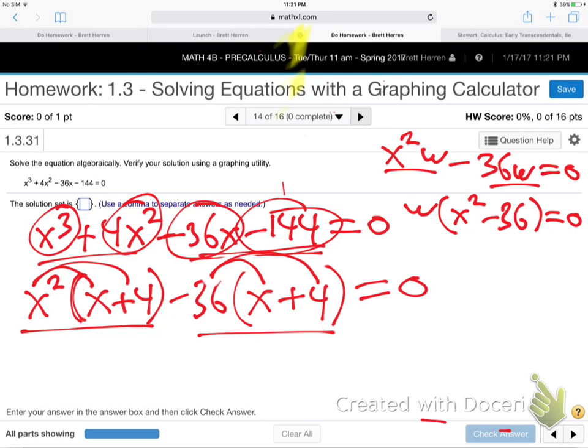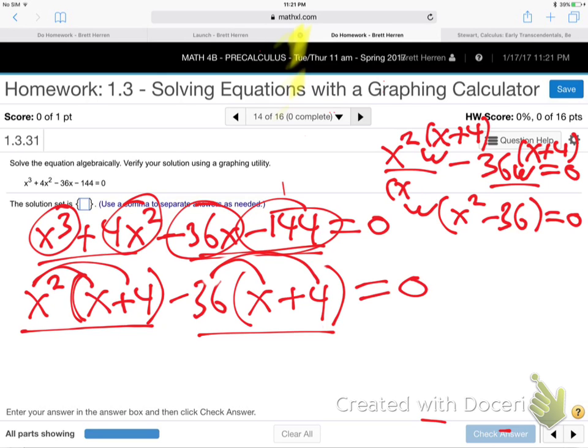So instead of w in common, what if they had the parentheses x plus 4 in common? What if they both had that in common?